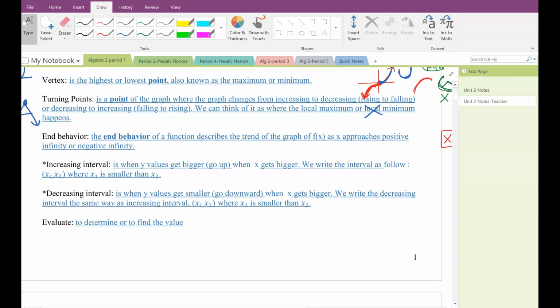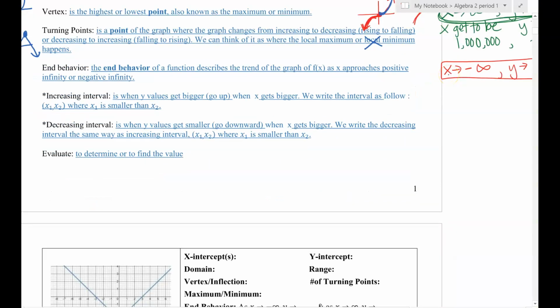Now, an increasing interval is when y values get bigger, or when they go up, as x gets bigger. We write the interval as follows: x1, x2, where x1 is smaller than x2. Then decreasing is similar.